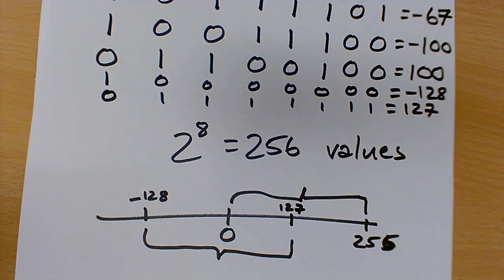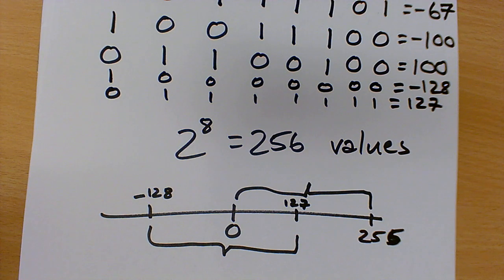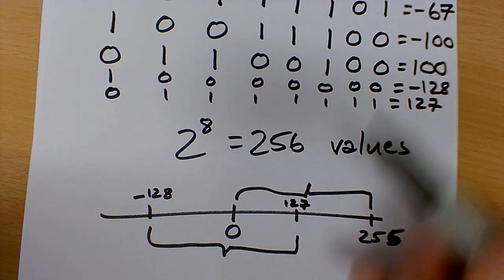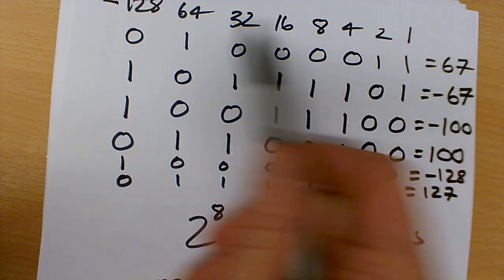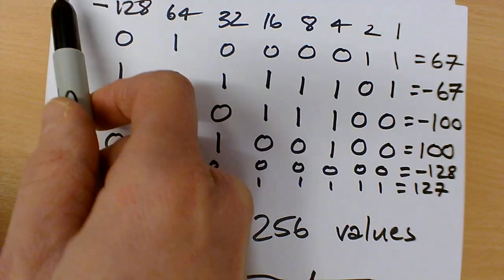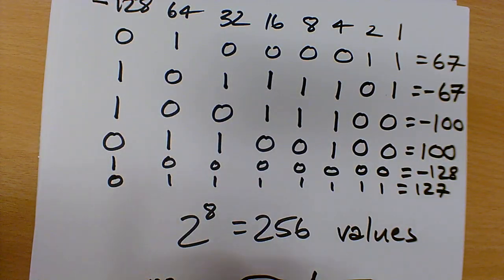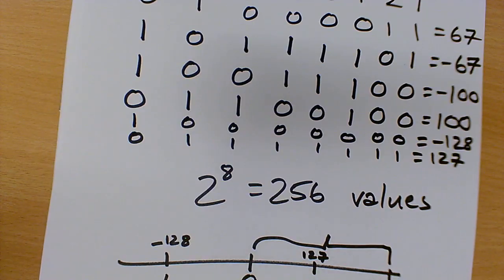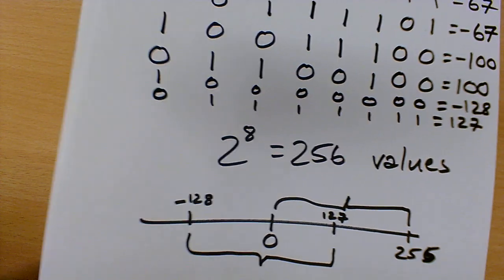So the range of values that I can get has just shifted down the number line a little bit. And if I want larger numbers, then I simply add more bits, 256, 512, as usual. I just always make sure the leftmost one is the negative value.